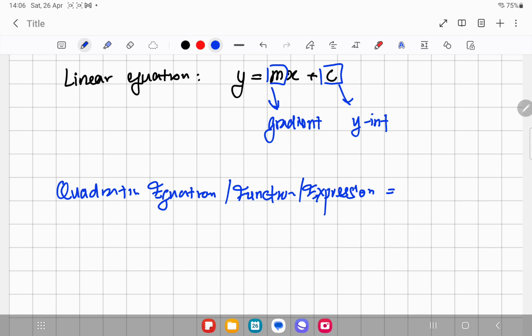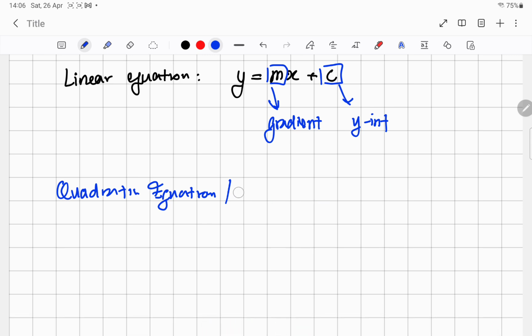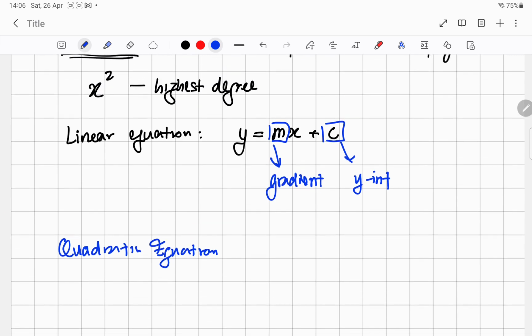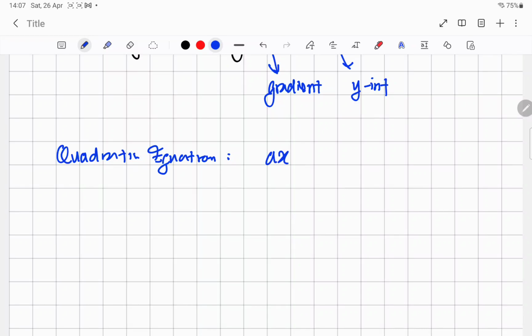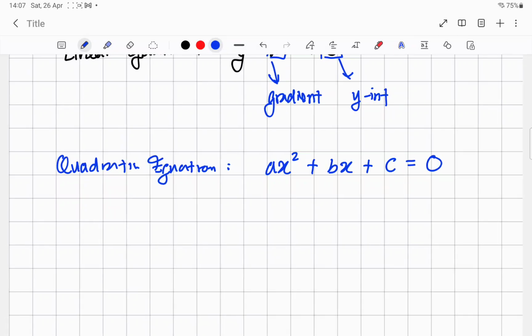In here I want to discuss the equation, because the others are also the same. It also has a general form, which is ax squared plus bx plus c equals 0. This is the quadratic equation's general form.